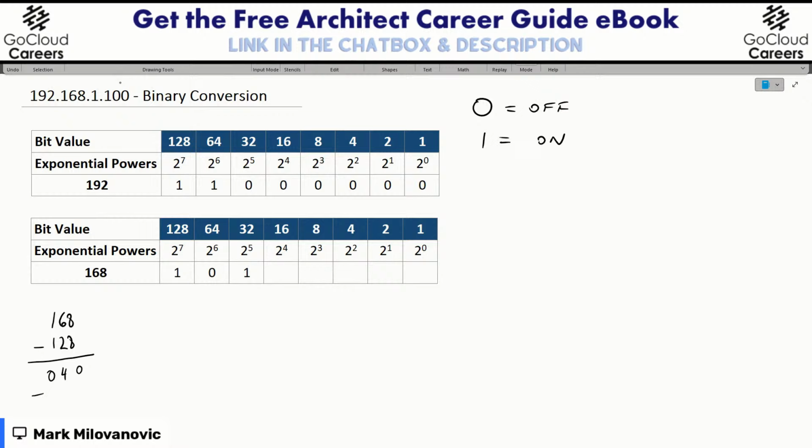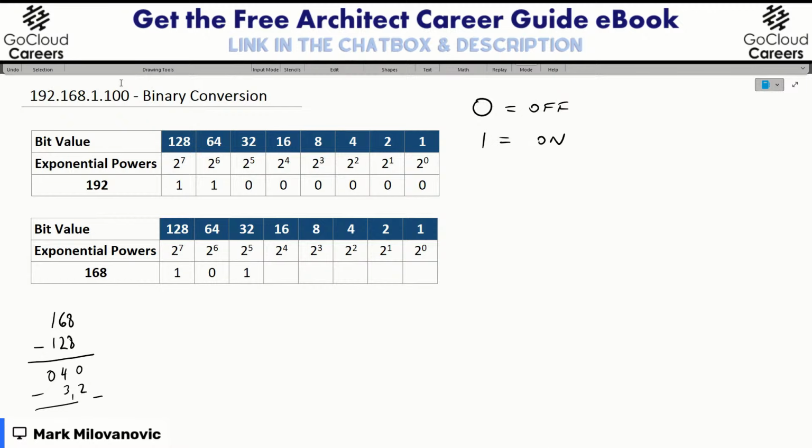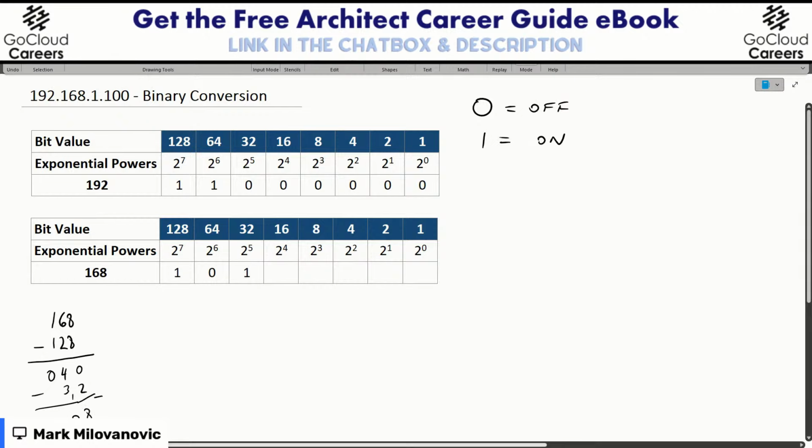So let's subtract 32 from 40. 2 from 10 is 8. We carry the 1. 4 minus 4 is 0. I'm sorry about that, this support, let me just remove it. It's ugly. All right, so it leaves us with an 8. Does 16 fit into 8? I would say no, so we'll add a 0.